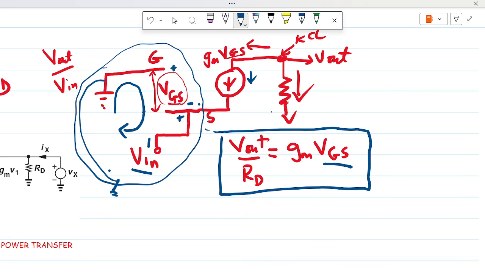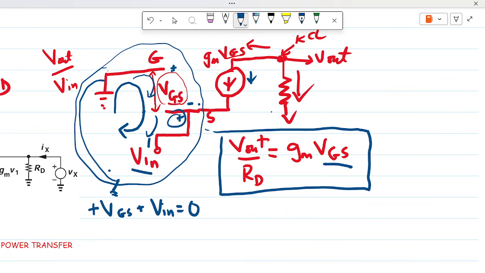In the loop, we see VGS plus Vin should be equal to 0. As I said in the earlier video, if you draw your loop and the loop enters the voltage source at the positive terminal, give it a positive value. So the loop also enters Vin at the positive terminal, give it a positive value, and equate everything to 0.